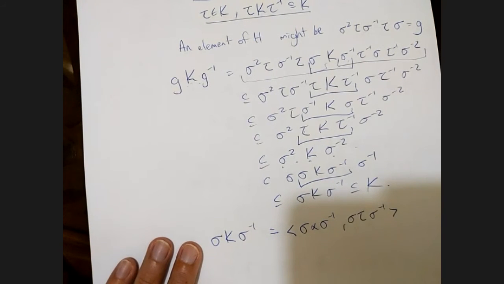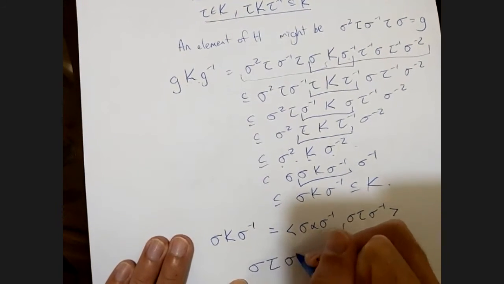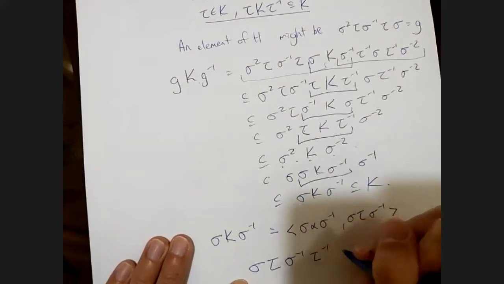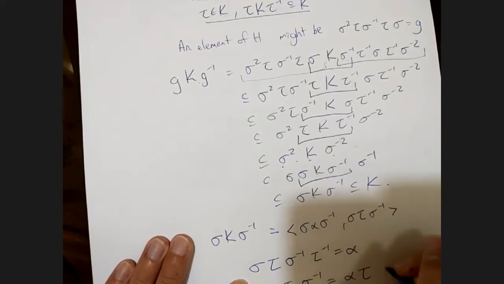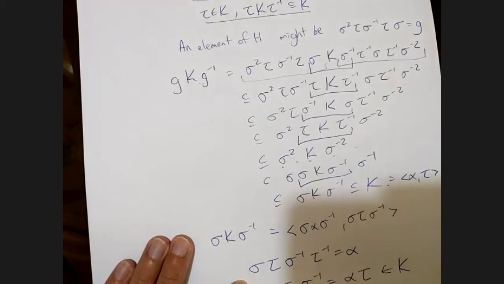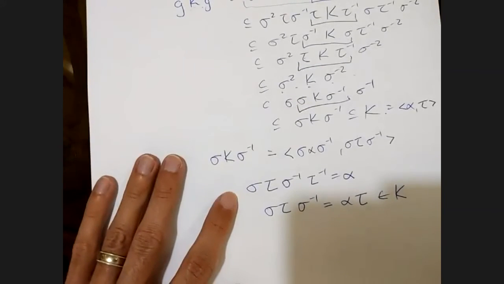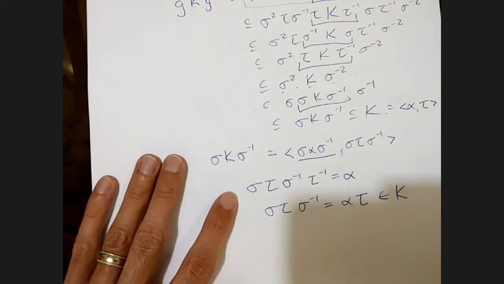Of course, sigma tau sigma inverse tau inverse is just alpha tau, which is in K, since K is generated by alpha and tau. So I now need to check that sigma alpha sigma inverse is also in K.